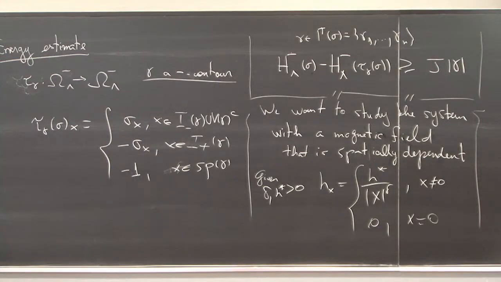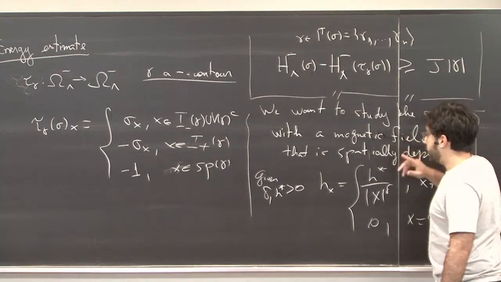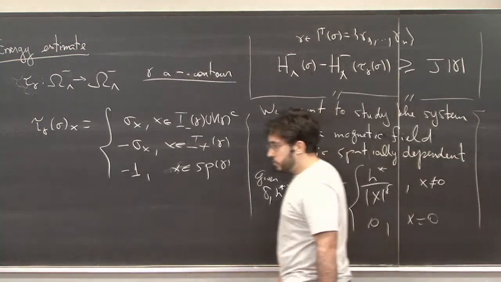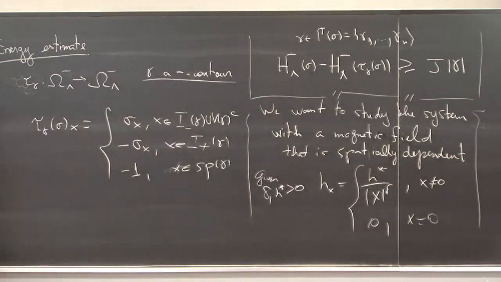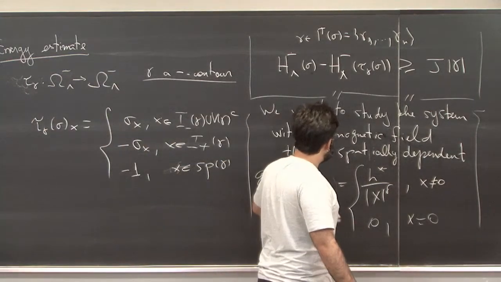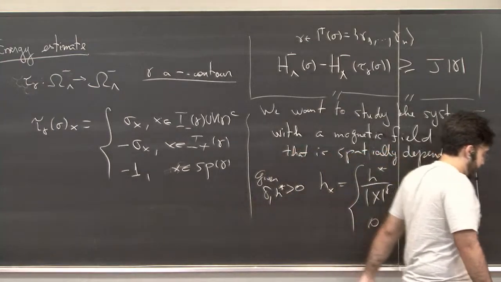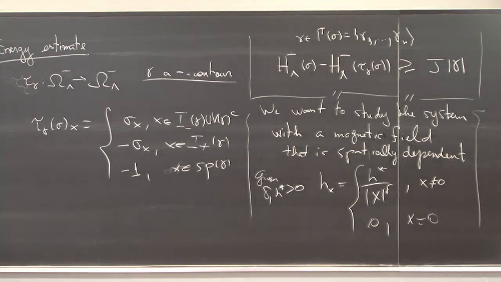So this term will modify the Hamiltonian. And by using the form of the Peierls argument, what we just need to study is what happens when I try to erase a contour in the presence of a spatially dependent magnetic field.